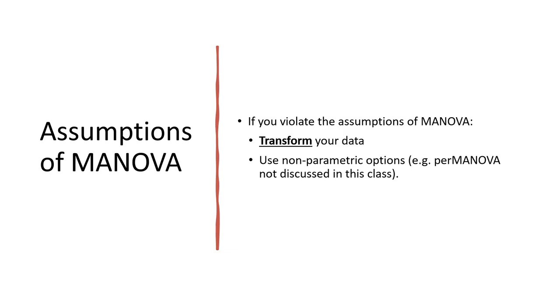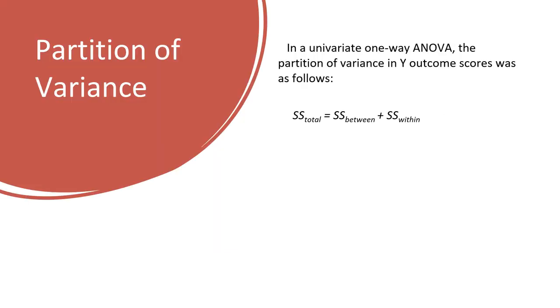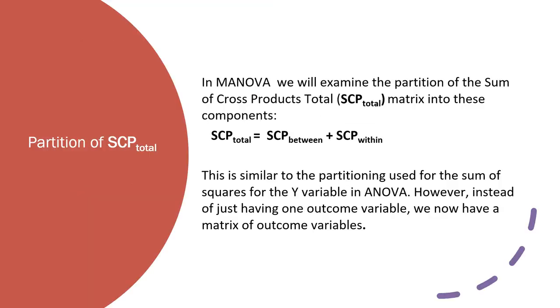So remember with ANOVA, when we partitioned our variance, we partitioned it into sum of squares between and sum of squares within to get our sum of squares total, right? You can take these two values and add them up to get your total variance, or sum of squares, for everything in your data set.